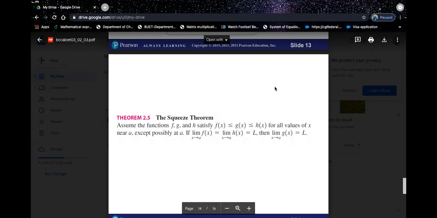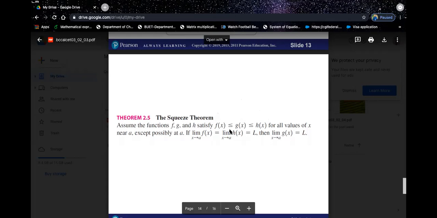Then we say, if the limit of these two functions are the same, and say that's L, then the limit of this particular function is also L. So first of all, we need to check a couple of things.